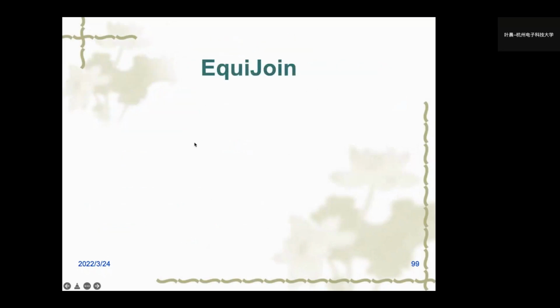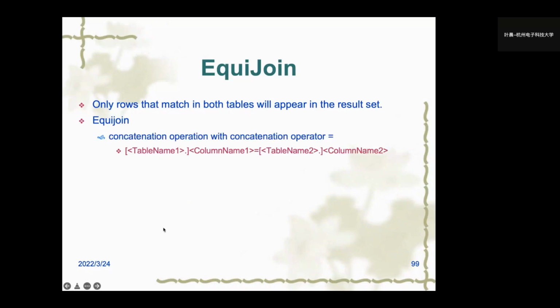Then let's introduce the equal join. It means only rows that match in both tables will appear in the result set. The equal join means the connection operation with the connection operator equal. So it is like this.